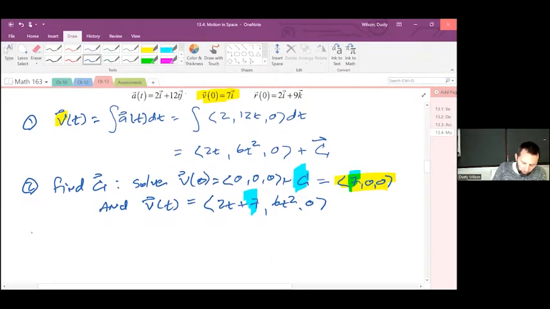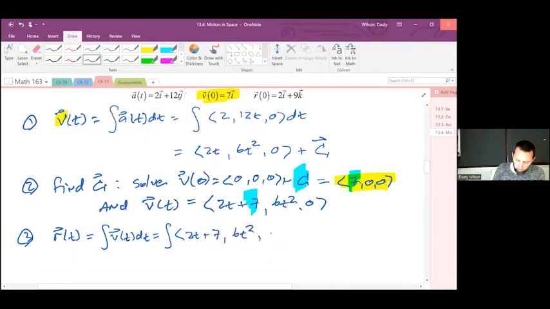So step 3, we want to find the position vector r of t. That'll be the integral of the velocity vector. That is the integral of 2t plus 7, 6t squared, 0 with respect to t.